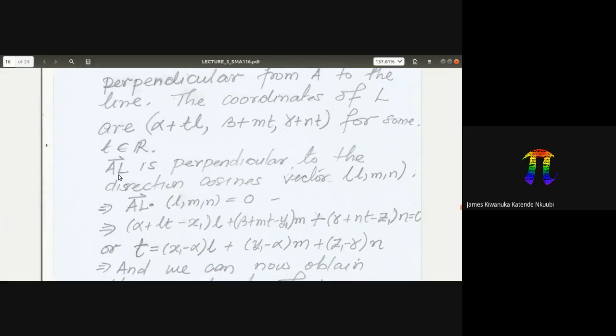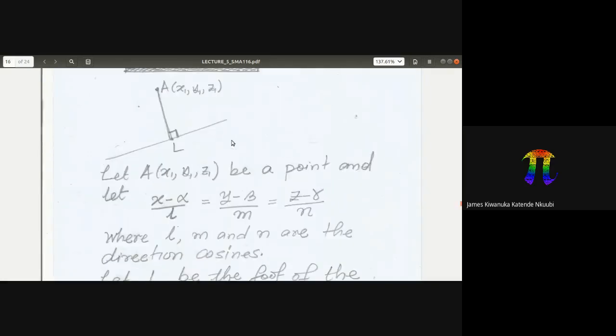Now, AL is perpendicular to the direction cosines of these vectors, L, M, and N. Right? You see, there's this line.